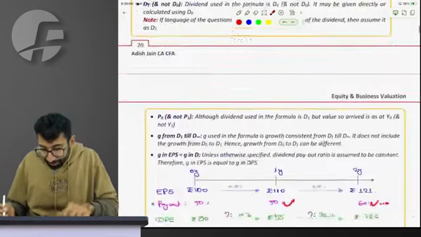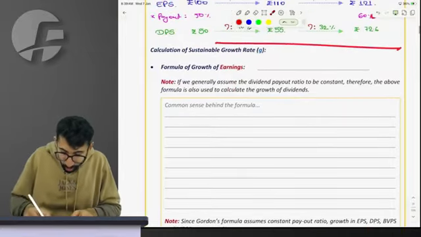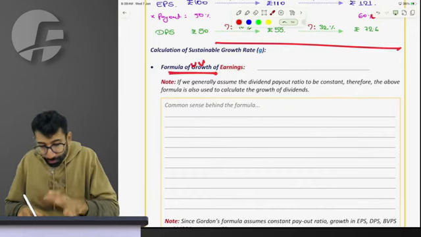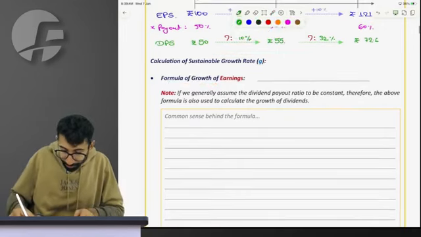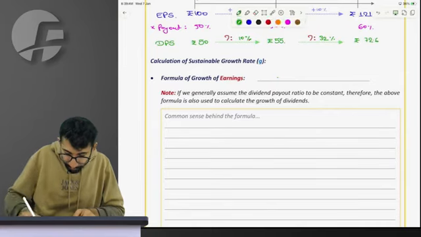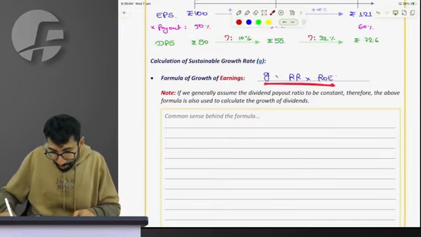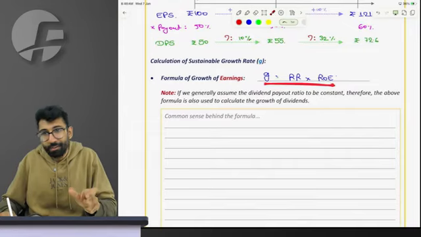Second possibility, it may ask us to calculate the growth using the formula. Sir, what is the formula? The formula of growth is retention ratio multiplied by ROE.